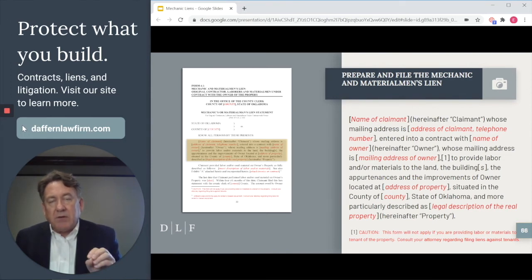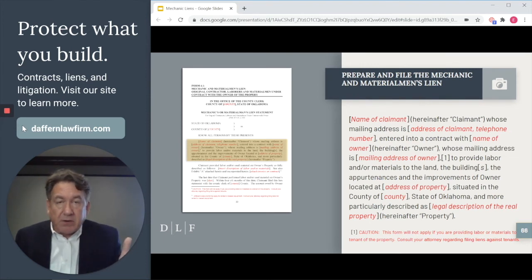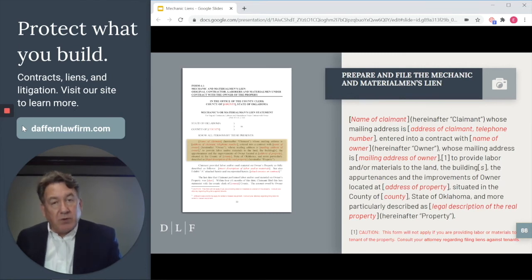If you anticipate that you're working for a tenant, or in all fairness, I think you should always ask your attorney before you file your mechanic lien if he or she believes that this is a tenancy situation where they need to be more involved to make sure that you make the right moves.